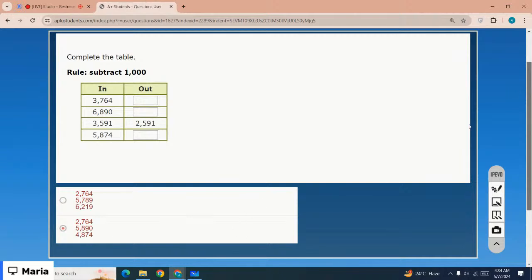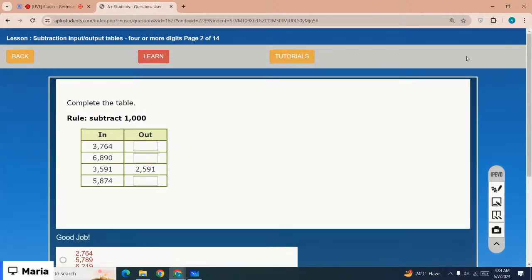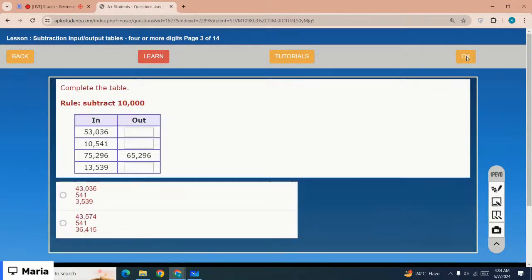Option number 2 is the correct option. Complete the table. Which is the correct option?